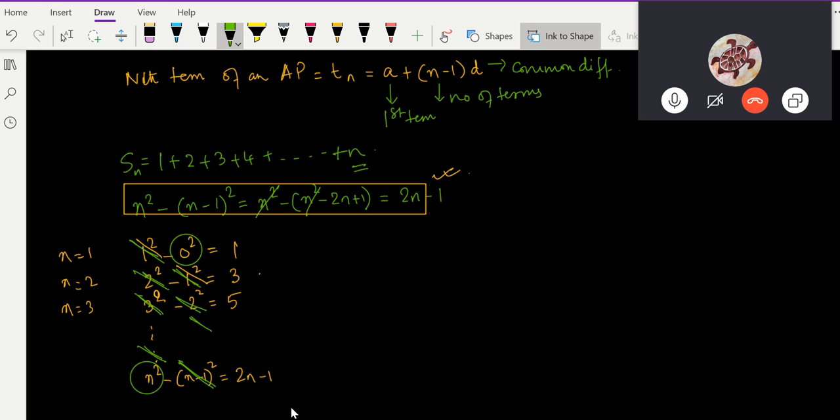So 0 square is 0, right? So if I add all these terms, I will get n square is equal to, this I can write as 2 into 1 minus 1. This I can write as 2 into 2 minus 1. This I can write as 2 into 3 minus 1, right? Correct?